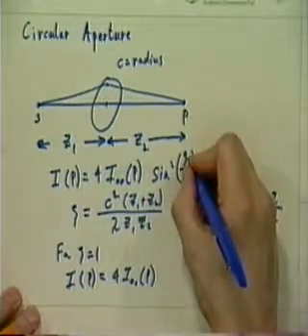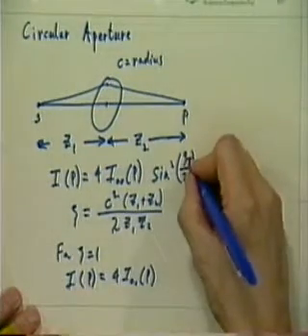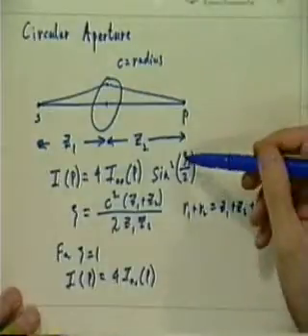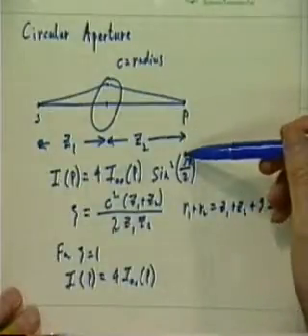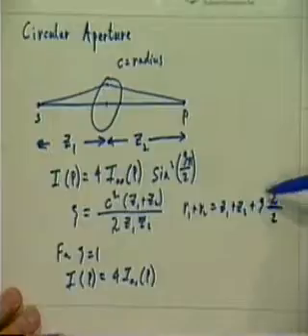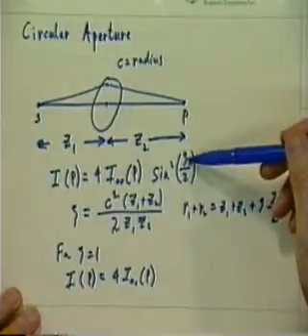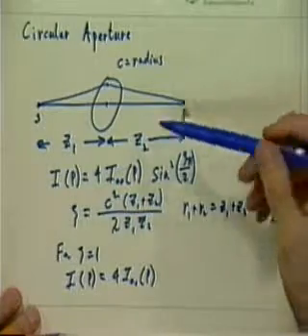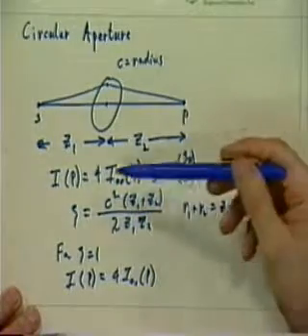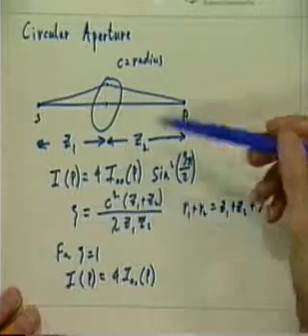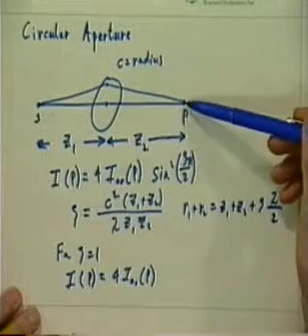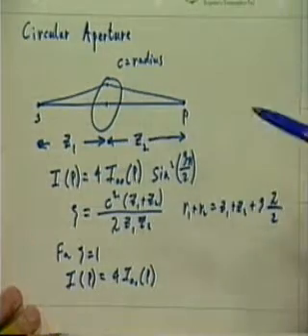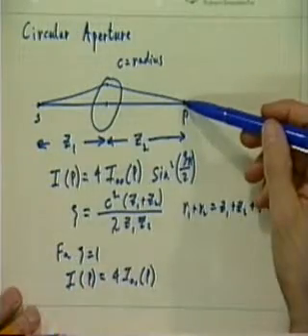I think I left a pi out here, so it's sine squared of squiggle pi over 2. If squiggle were equal to 2, so we had 2 Fresnel zones, then we have a sine squared of pi, and so that's 0, so the irradiance would be 0. If we have an odd number of Fresnel zones, we get 4 I00 of P. If we have an even number, the Fresnel zones will cancel out, and we get 0 here.